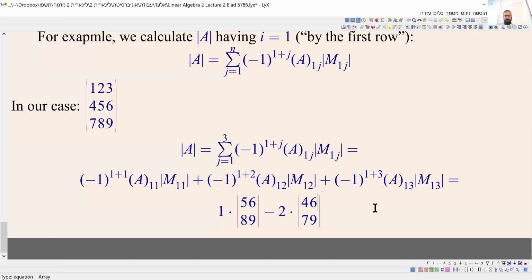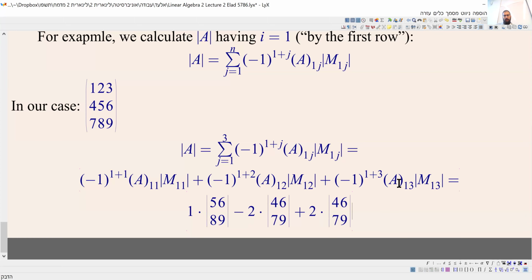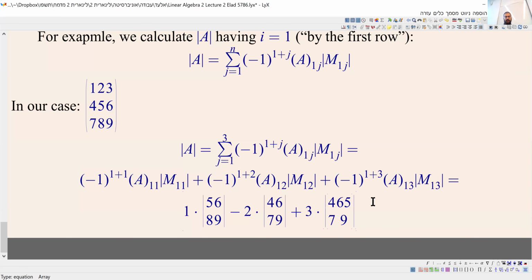Lastly, for this step, the -1 to the power of 4 is plus. A13 is 3. And the determinant of M13, deleting the first row and third column, is 4, 5, 7, 8.